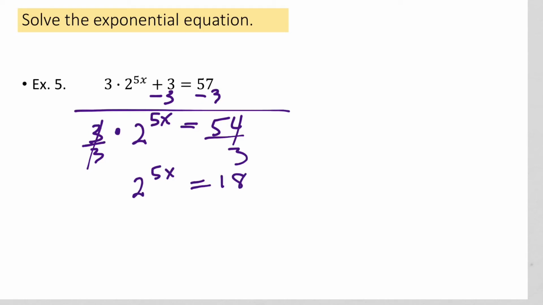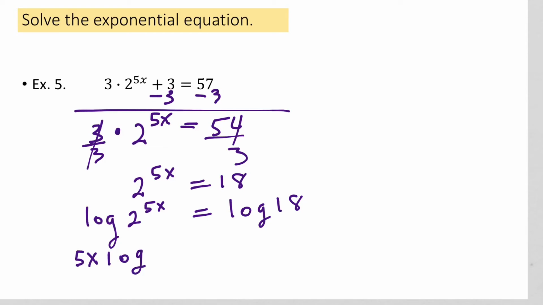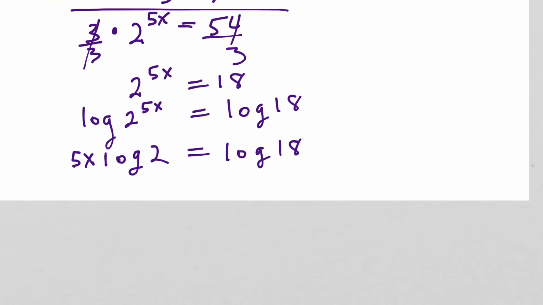Okay, I've got it in the form now where I could take the log of both sides. So log of 2 to the 5x is equal to log of 18. Using the power rule for logs, I'm going to put the 5x in front of log of 2. And then I'm going to divide by log of 2, which is a real number.